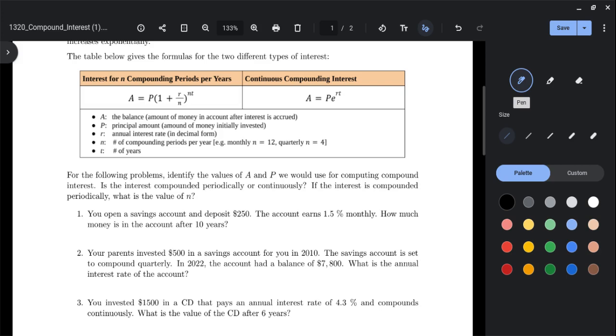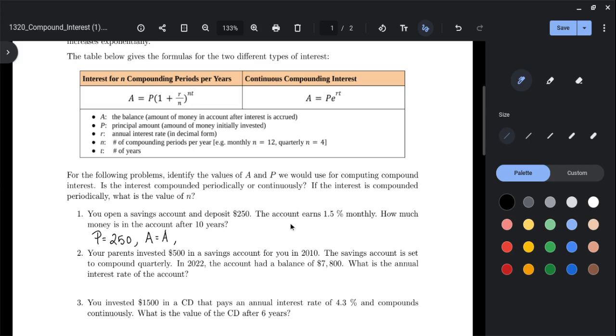So first off, we're looking for P, our principal amount, how much we started with in our account. Well, we deposited $250 when we opened it. So that's what we're starting out with. Our A, the amount of money we have in the account after compounded interest has been calculated, is not given in our problem. So in this case, it's just going to remain A. It's unknown.